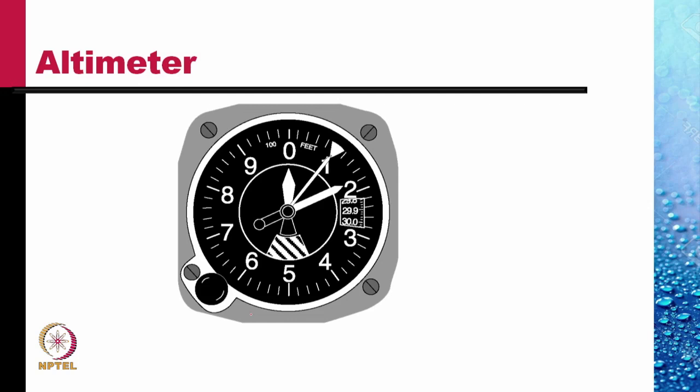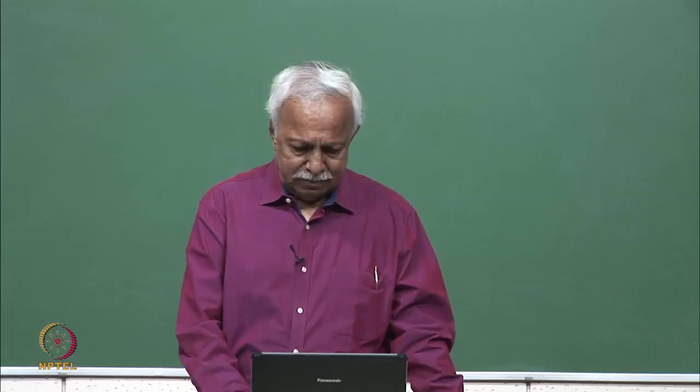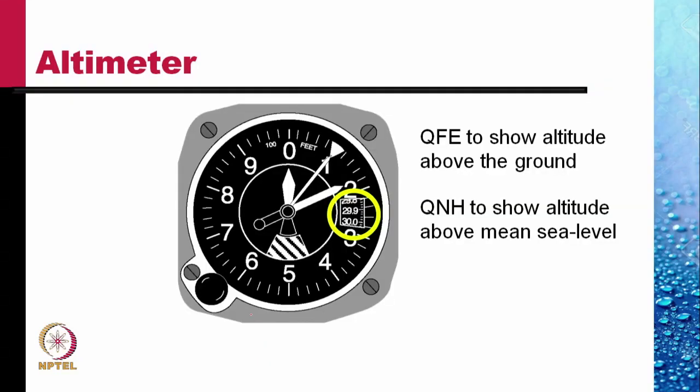So it is always advisable to ask the traffic controller the atmospheric pressure at the airfield. The pilot calls the control tower and asks what is the pressure. The word used for this is QFE.